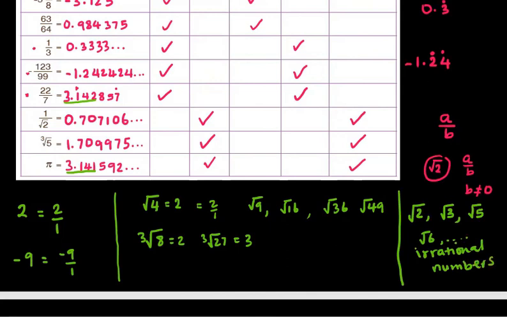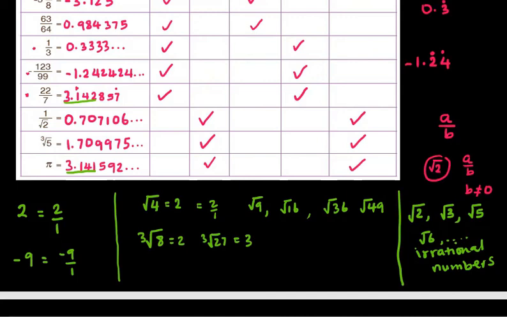The same applies to cube root of 2, cube root of 3, cube root of 5, cube root of 6, cube root of 7, but the cube root of 8 is 2. So the cube root of 8 is not an irrational number, but a rational number. You need to understand that point very well. Don't get confused.